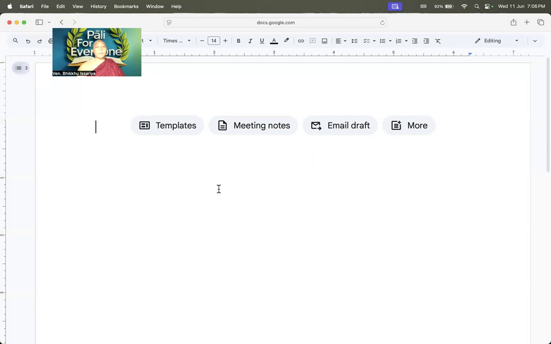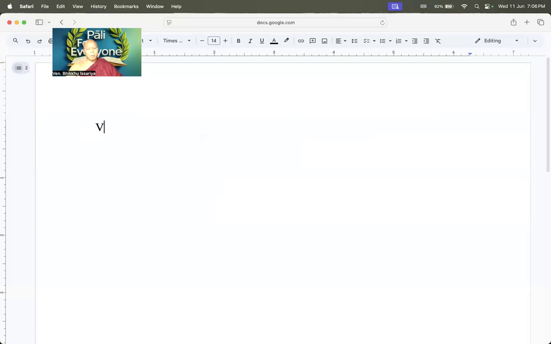To understand the Pāḷi verb clearly, in Pāḷi, the verb system can mainly be understood in two parts.